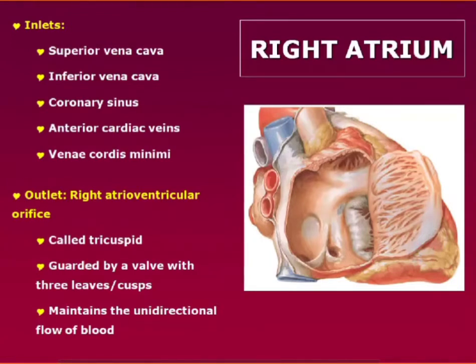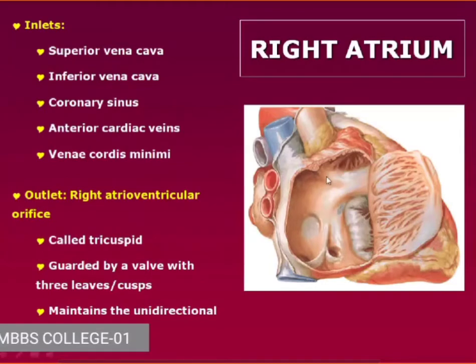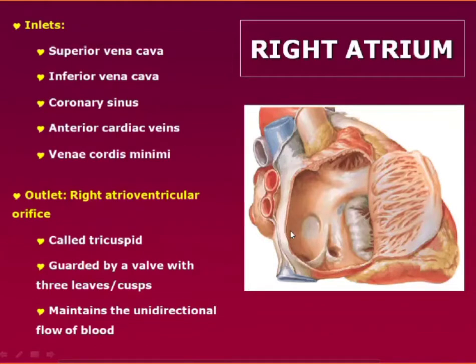So the posterior smooth part of the right atrium is developed from where? From the sinus venarum. So we have spoken about the interior of the right atrium, the anterior rough part, the posterior smooth part, and the openings into the posterior smooth part.